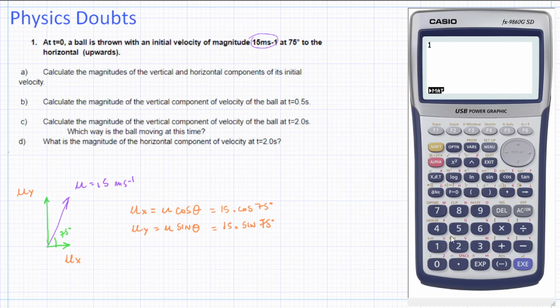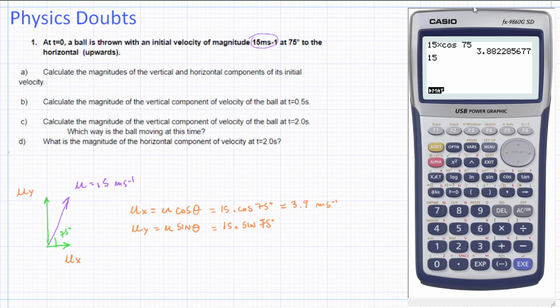So if we take the first case here, 15 times cosine of 75, and we have our value there. So this is 3.88. And I'll keep up to 3 significant figures, even though it's a bit too much, isn't it? Let's do 3.9 meters per second. Now what about the second one?